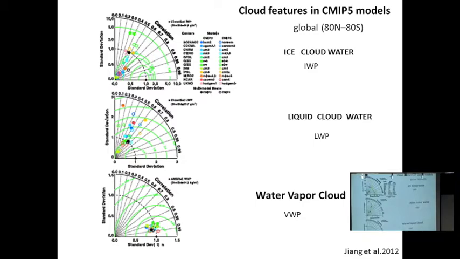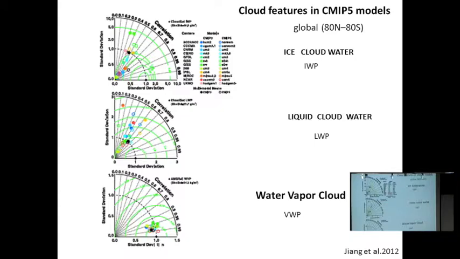This is what I told you about the Taylor diagram. In this Taylor diagram, we have three kinds of evaluation. The correlation, which goes from 0 to 1, and the best correlations are on this side, close to this axis.